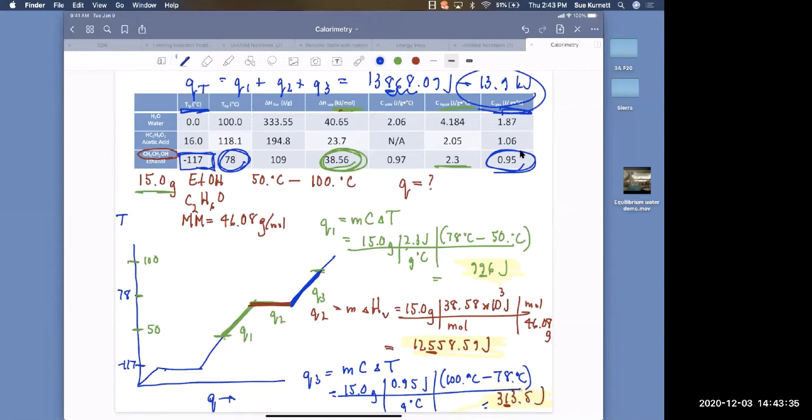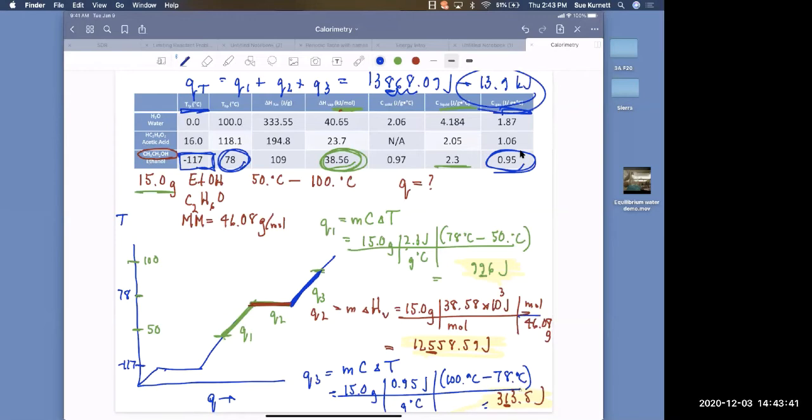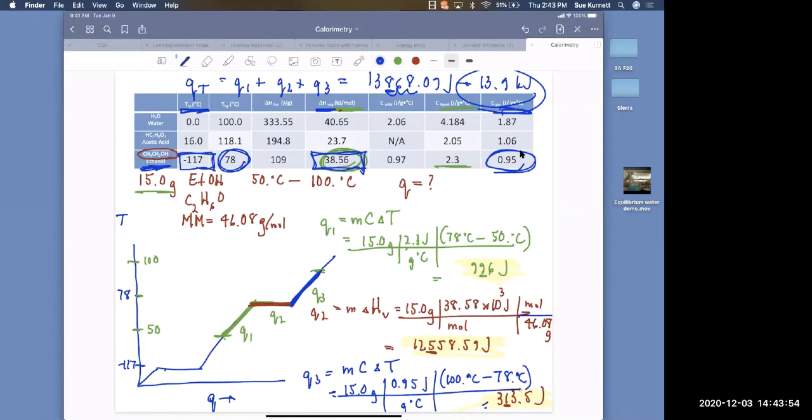Wait, so I have one question on Q2. Where'd you get the 38.58? Right here. It's the enthalpy of vaporization for ethanol. So shouldn't that be 38.56? It should be.